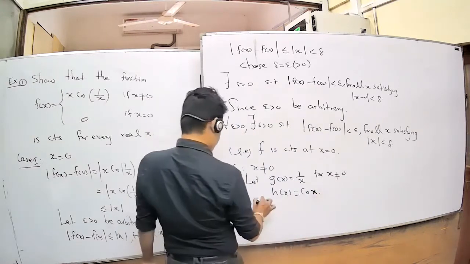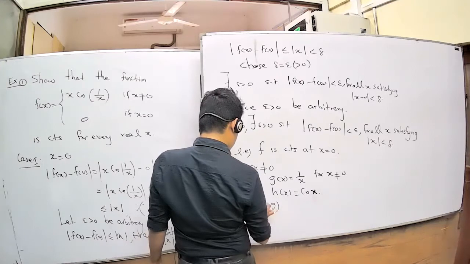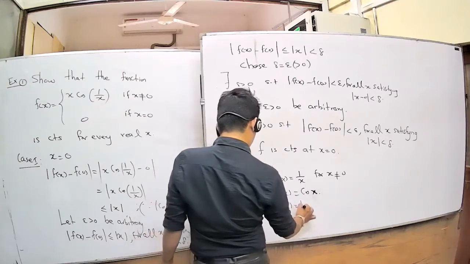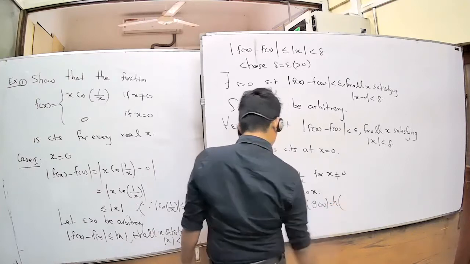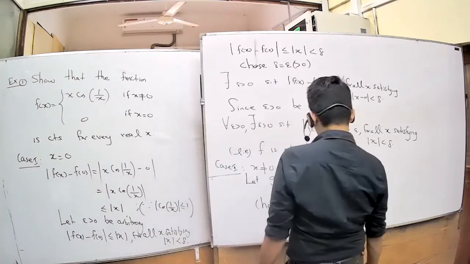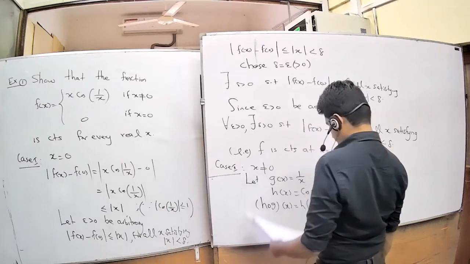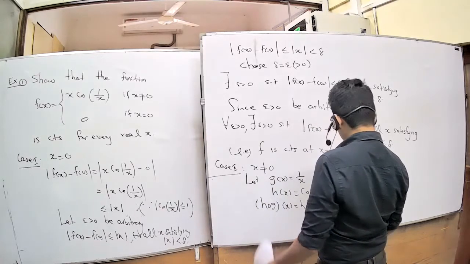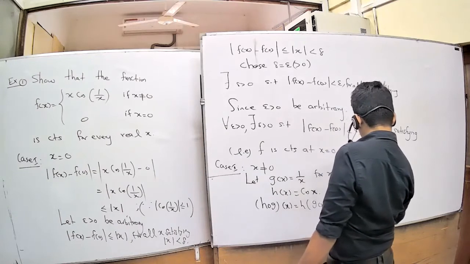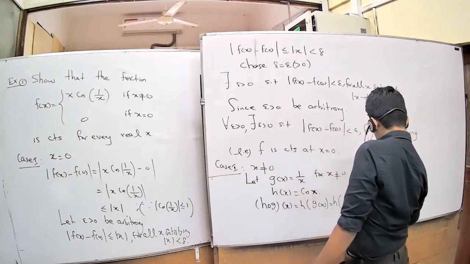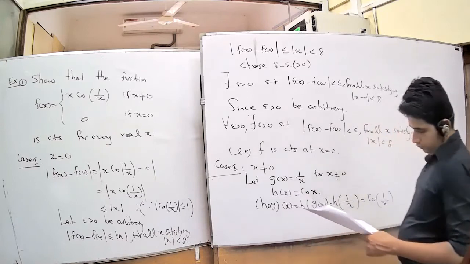Now consider the composition function h composition g of x. This is h of g of x, where g of x is 1 over x. Now your x is 1 over x, therefore you get cos 1 over x.